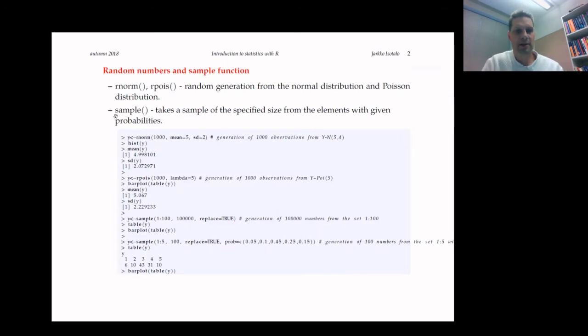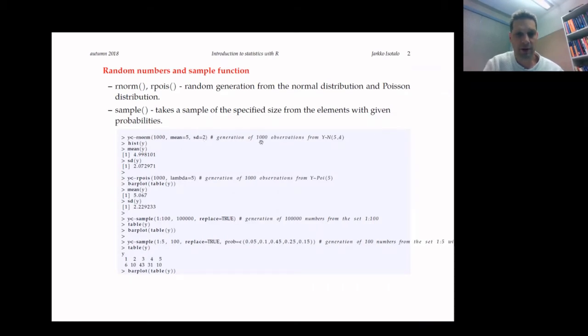And then there's the sample function, which is a bit more specific, because it takes subsets or samples of a specific size from the elements given to it, and we can even give the probabilities of how these samples are taken from this set of elements.